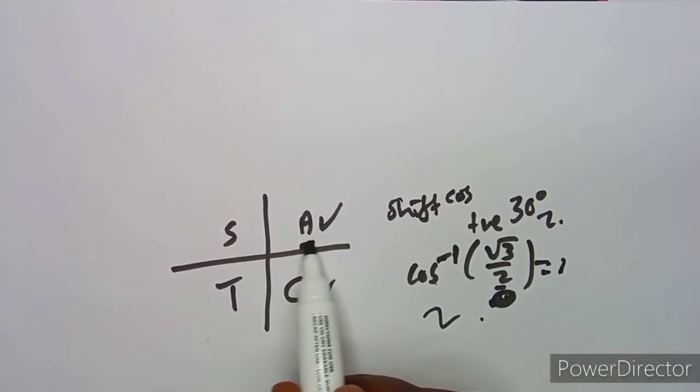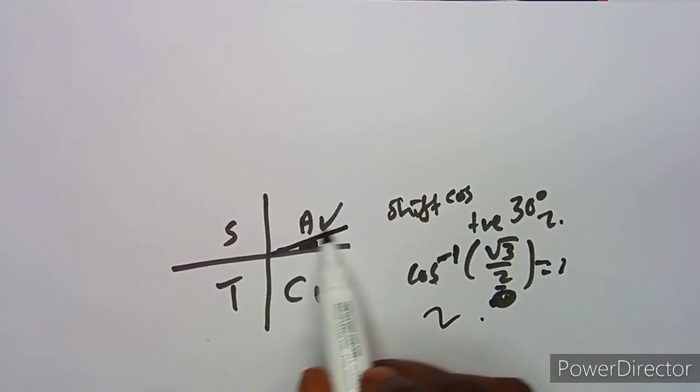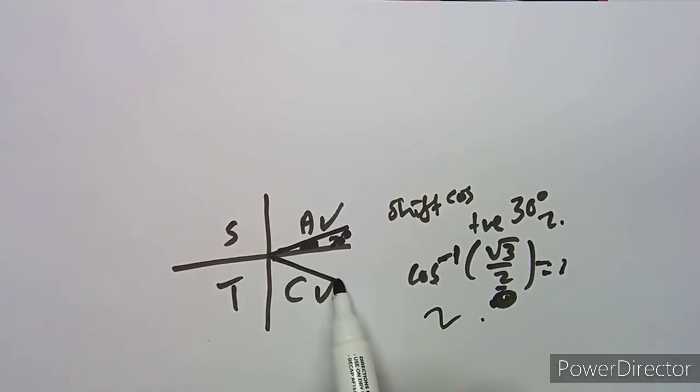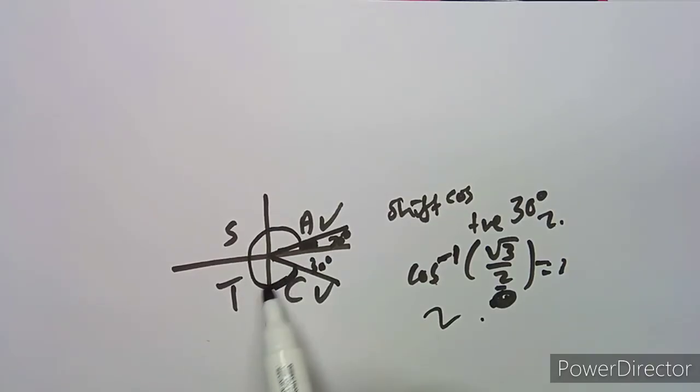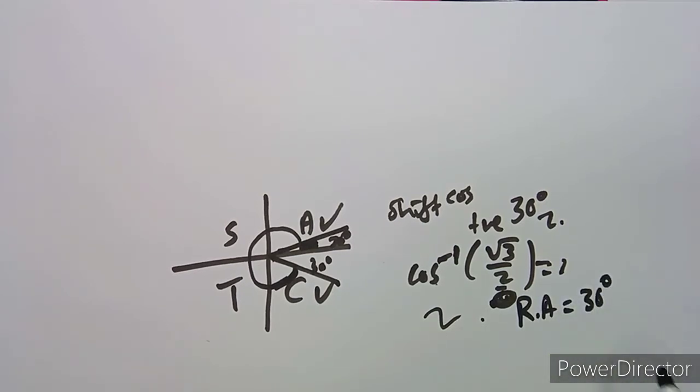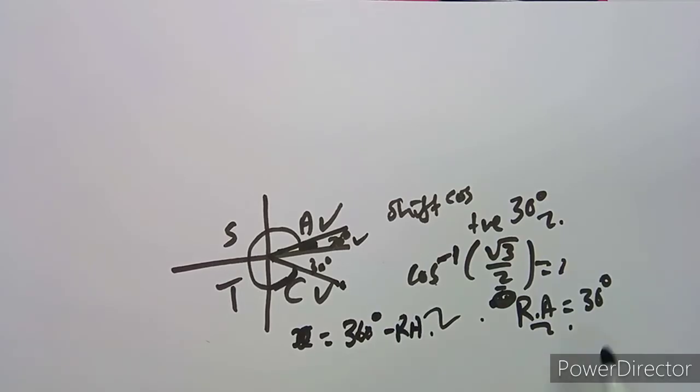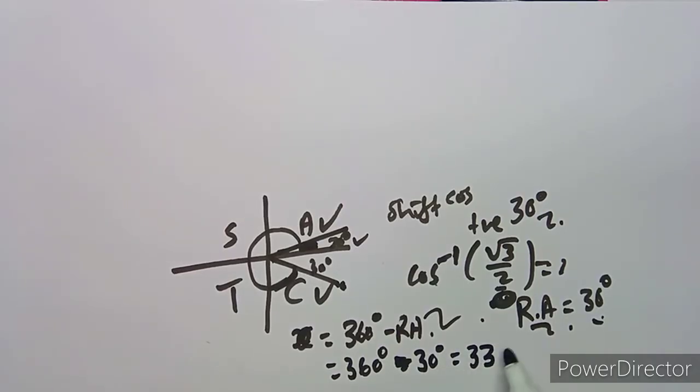So we are going to have in the first quadrant 30 degrees, and in the fourth quadrant we have another 30 degrees. But the actual angle here, because 30 degrees is the reference angle, in the first quadrant is going to remain as it is, but in the fourth quadrant our actual angle, which is theta or x, is going to be 360 minus the reference angle, 360 minus 30, which is 330 degrees.